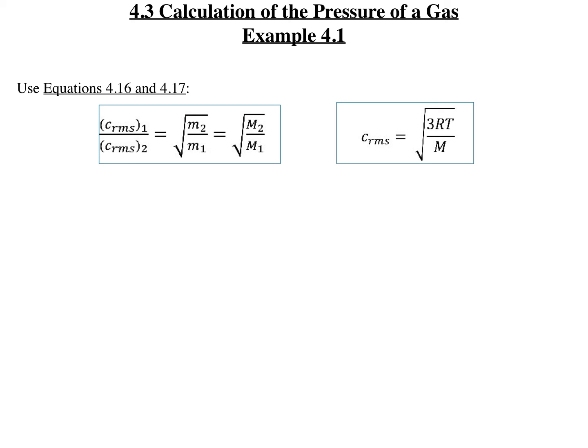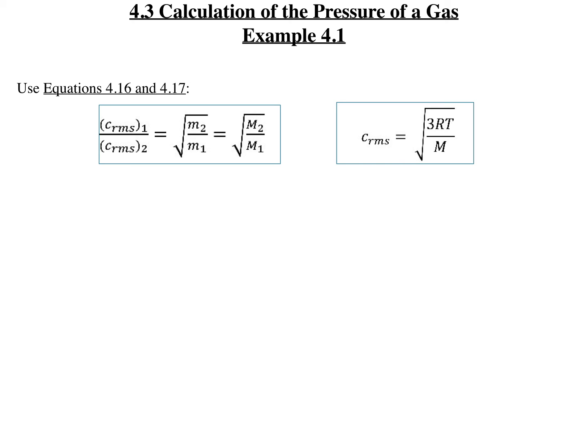So if we take two gas samples and compare their RMS speeds, we get CRMS1 divided by CRMS2 is equal to the square root of M2 over M1. Notice that the gas velocity c1 is in the numerator, c2 is in the denominator, and under the square root, mass M2 is in the numerator and M1 is in the denominator.